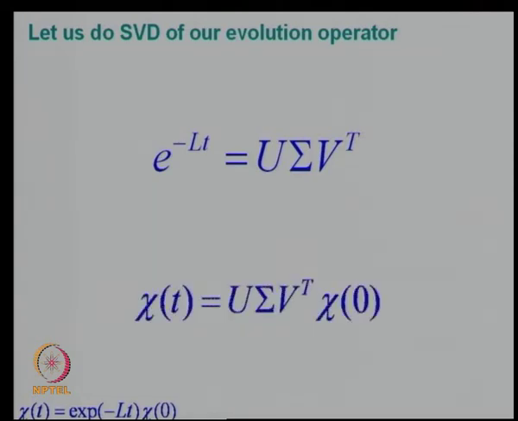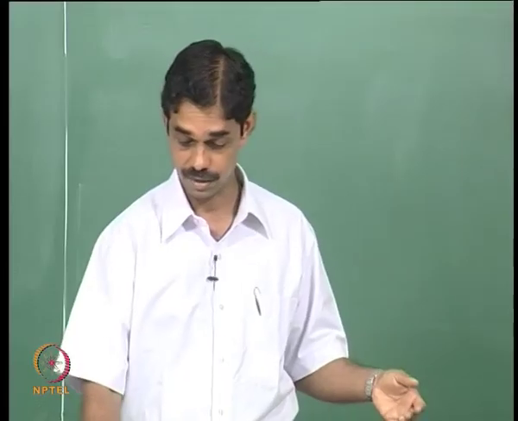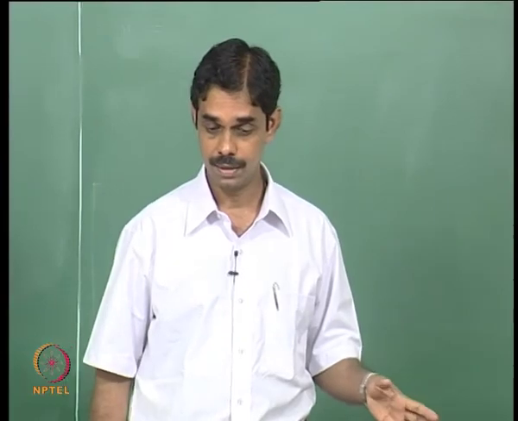We replace e power minus Lt with U sigma V transpose, and we have just put it back, nothing more than that. But this has a profound physical meaning which answers the question Vikram asked.